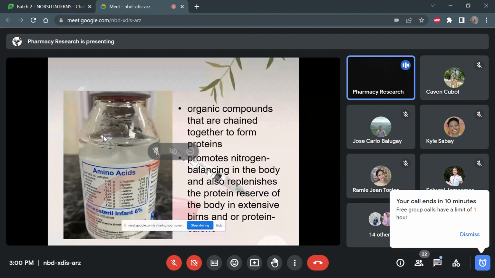Amino acids are organic compounds that are chained together to form protein. This promotes nitrogen balance in the body and also the protein reserve.